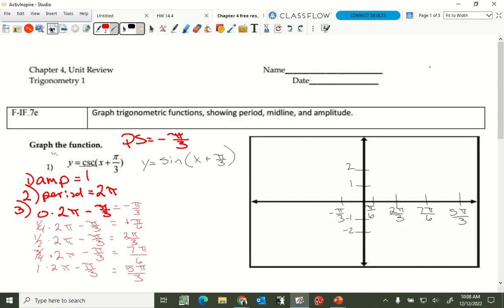Let's go back. So now, negative pi over 3, I ended up getting 0. At pi over 6, I got 1. At 2 pi over 3, I got 0. At 7 pi over 6, I got -1. And at 5 pi over 3, I got 0. Remember, I'm treating this as if it is a sine right now, but since it's cosecant, everywhere that's going to be on the baseline, the 0, those are going to be asymptotes.